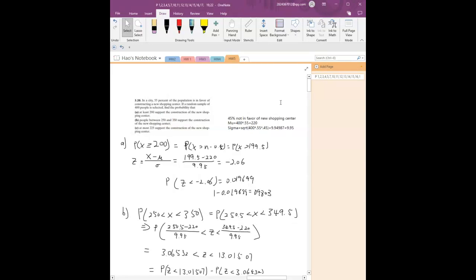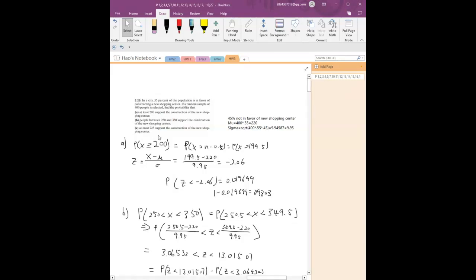We know that 55% of the population is in favor of construction, so 45% is not in favor, and we can find mu by just 400 times 55% to get 220, and then sigma just by the formula.